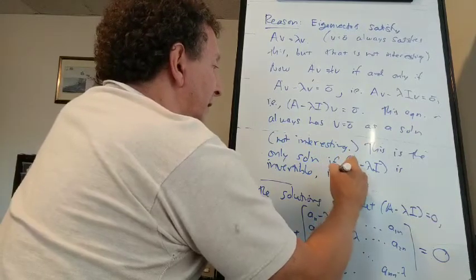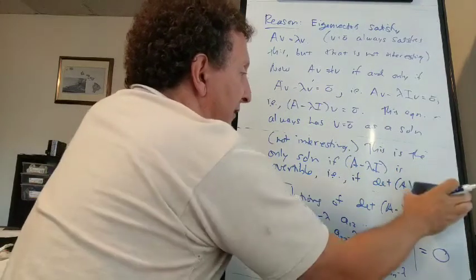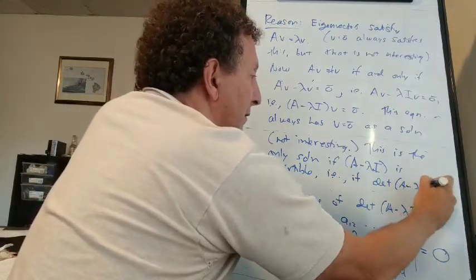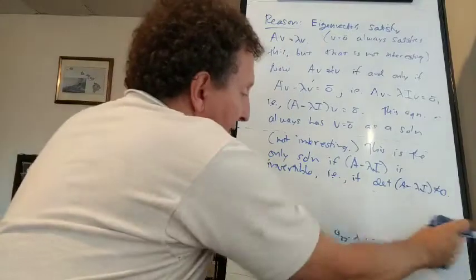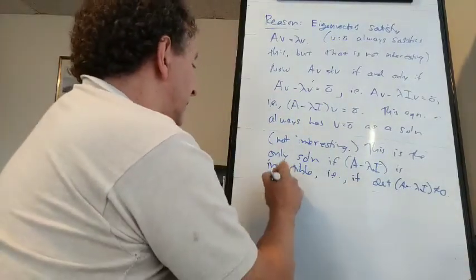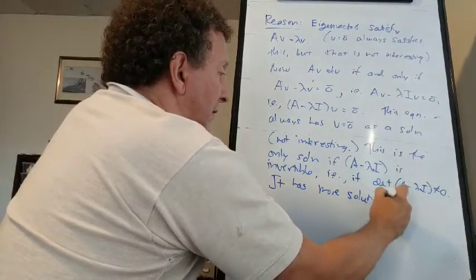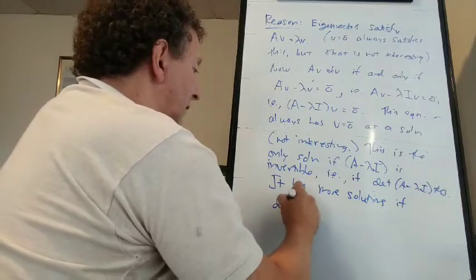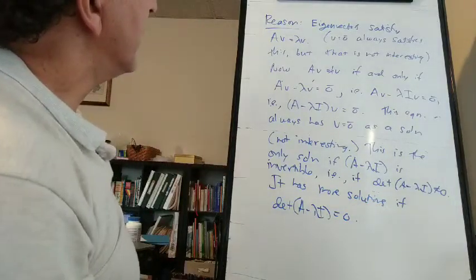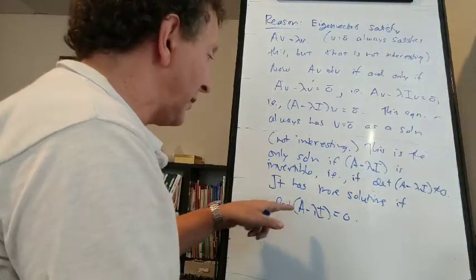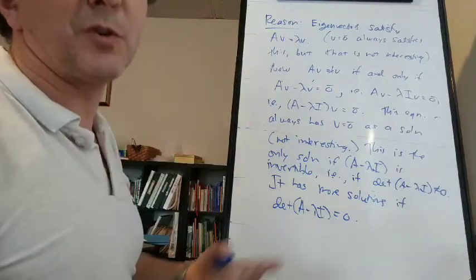That is, if its determinant is non-zero. It has more solutions if its determinant is zero. So that's why we want to solve determinant of A minus lambda I equals 0, to find solutions to this equation that are not just the zero solution.